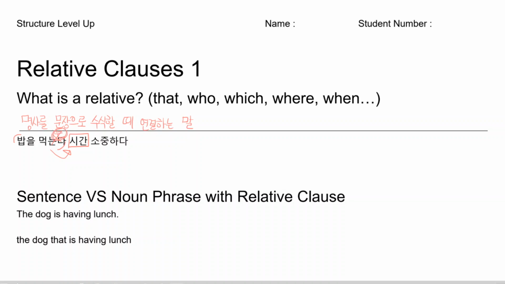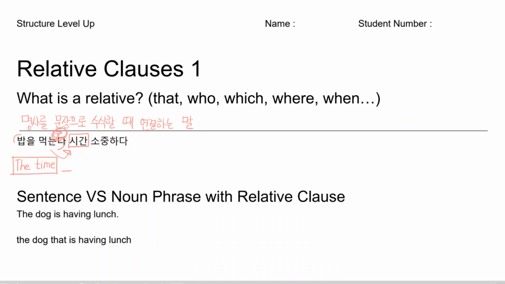So this part is a relative in English. What if we said this in English? The sentence would be the time. We say the noun first in English.